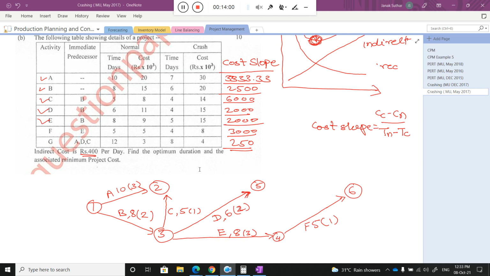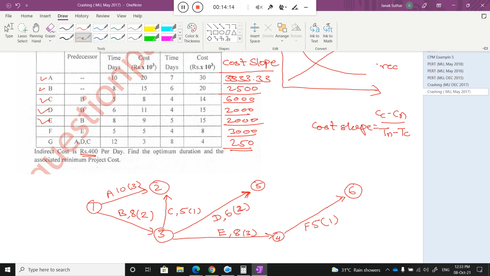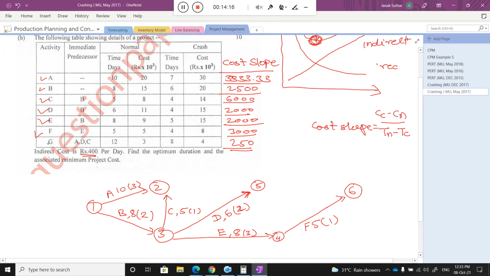Entire module 5 depends on this precedence diagram, or you can say the network diagram. Is there any doubt how to draw the activity G? Just let me know. Anyone? Where do I need to put the G? Yes.